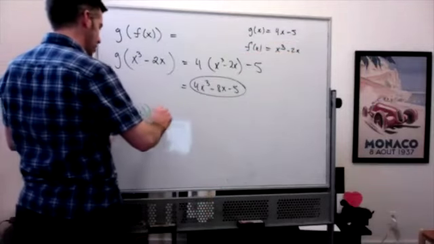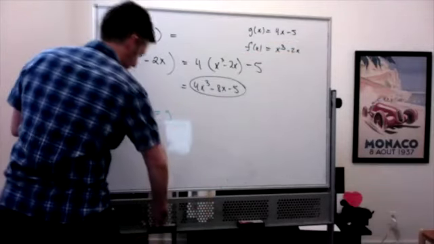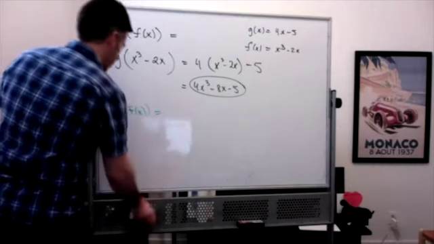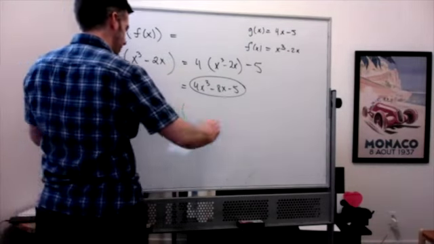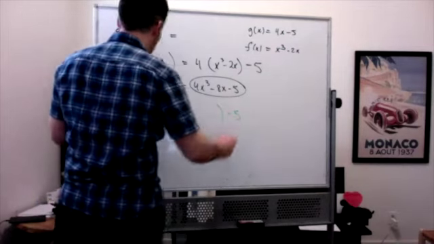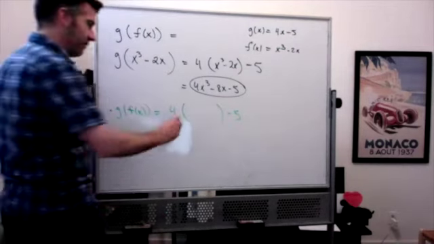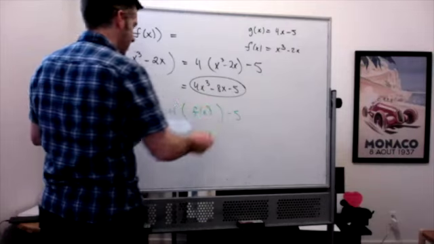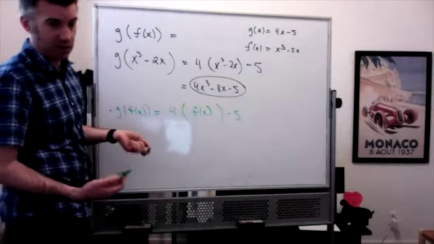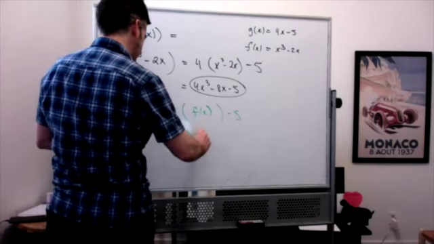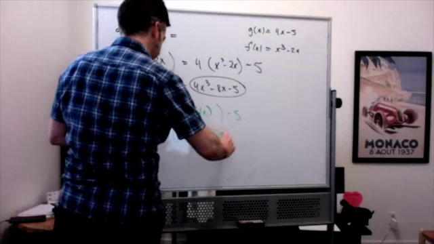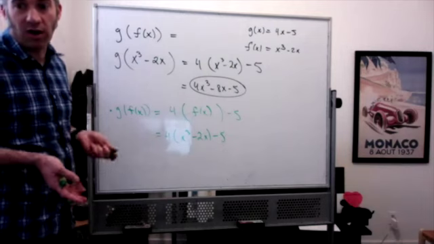So again, I'm going to say g of parentheses, just like here, g of parentheses is 4 times parentheses minus 5. It's just that here the parentheses is f of x. And then I would replace f of x with what it's equal to, which is 4 times x cubed minus 2x, minus 5. It's the same result either way.